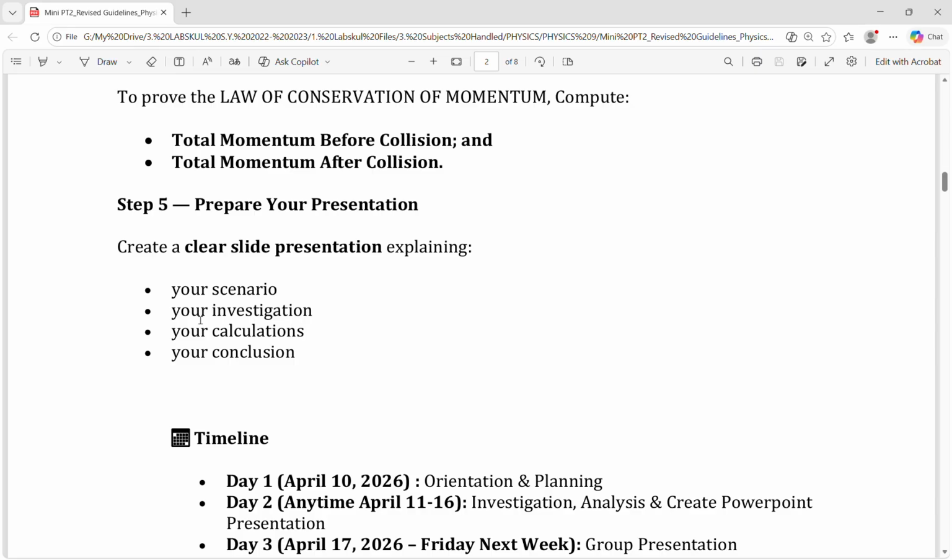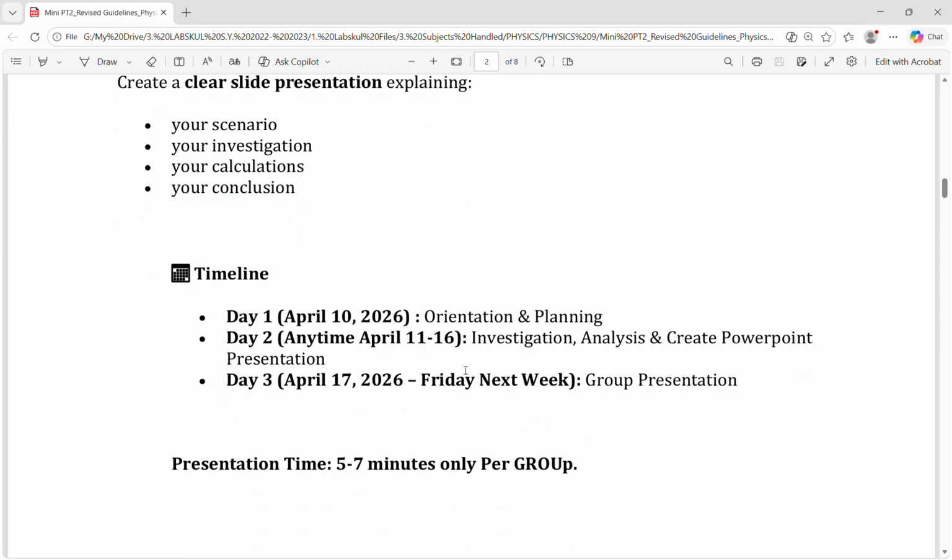Make sure your slide presentation explains your scenario, your investigation, your calculations, and conclusions. Again, same timeline as today. I sent the orientation. You can discuss with your groups today or tomorrow, plan your scenario and the materials needed. Then for the rest of the days before April 17, you investigate, demonstrate, analyze, compute, solve, and create the PowerPoint presentation.